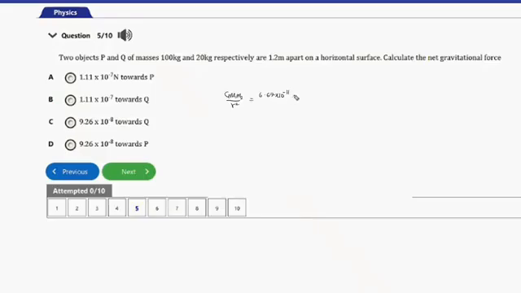This will be multiplied by the mass 1, which is 100, times the mass 2, which is 20, all over the square of the distance between them, the square of 1.2 meters. When we calculate this out, we're going to have 9.26 times 10 to the power of negative 8, and that's option C here. So that's the answer to this question. Let's go ahead and consider the next question.